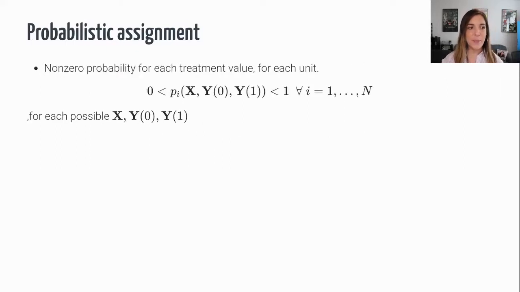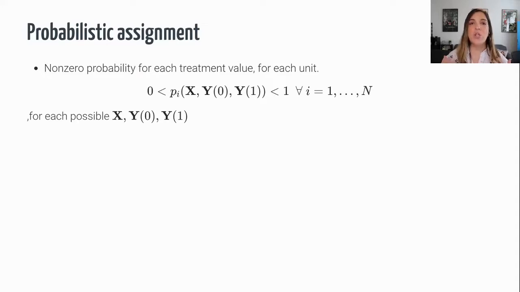In terms of probabilistic assignment, what this assumption means is that every unit has a non-zero probability of each treatment value. So everyone in the sample that we're going to analyze has a probability different from 0 of being in either the treatment group or the control group.